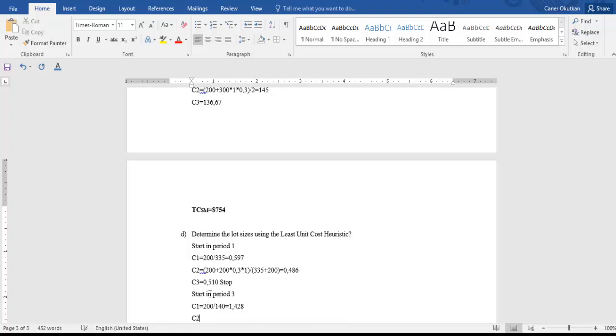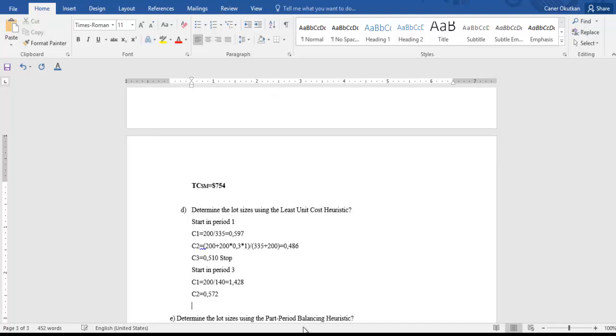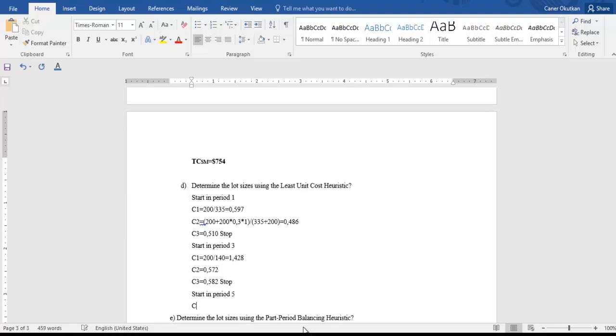So in second cost we calculate decrease, and third cost 0.582, so not decrease, increase. We write stop and start period 5.